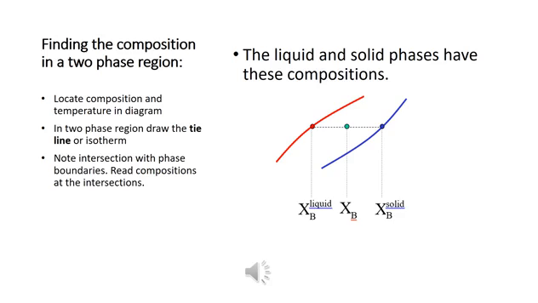So in this case, it's XB and a certain temperature. And then we draw a tie line that touches the liquidus line and the solidus line. And the composition of the liquid in this part will be XB liquid, or at least the composition of the solid will be XB, where the tie line touches the blue line or the solidus line.